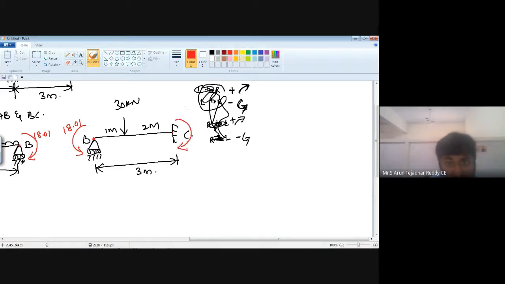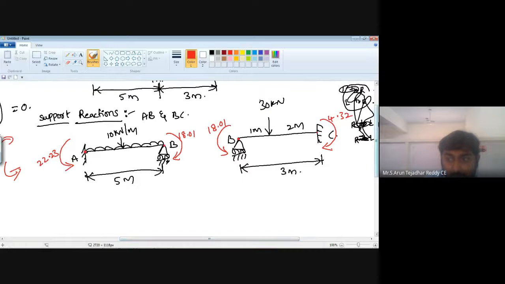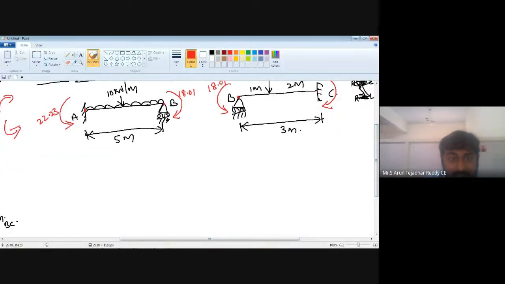Clockwise direction value is 4.32. So this is our sign convention in the slope deflection method. Very simple. Clockwise positive, anti-clockwise negative.